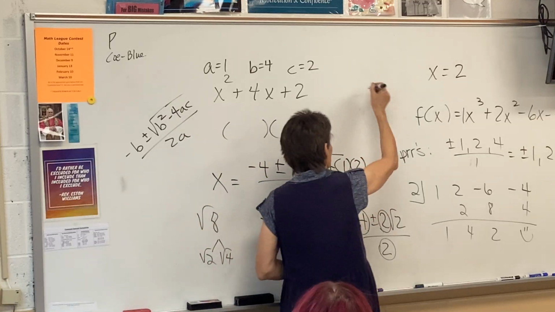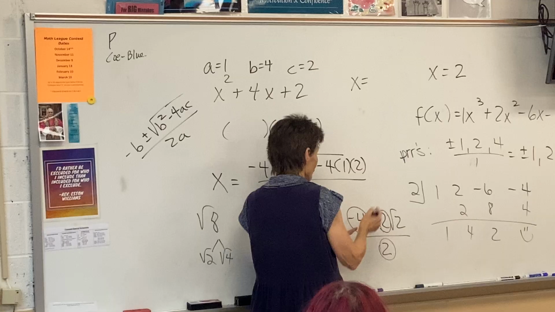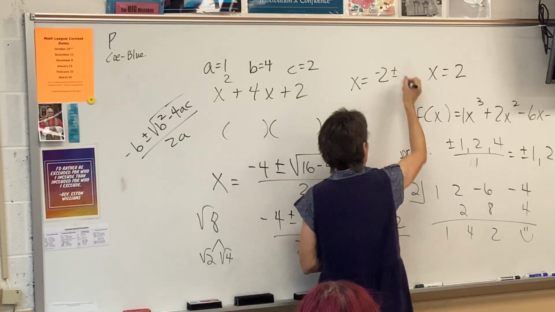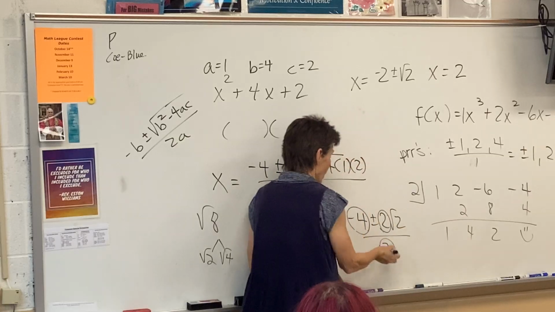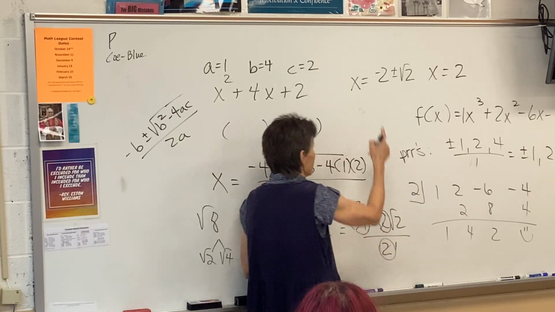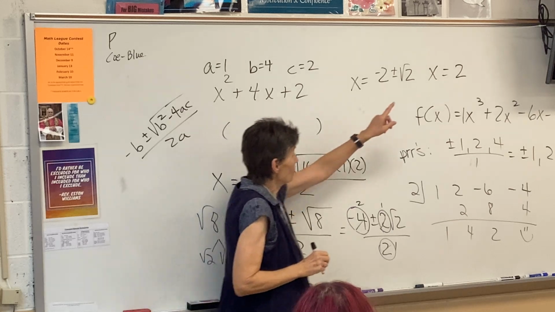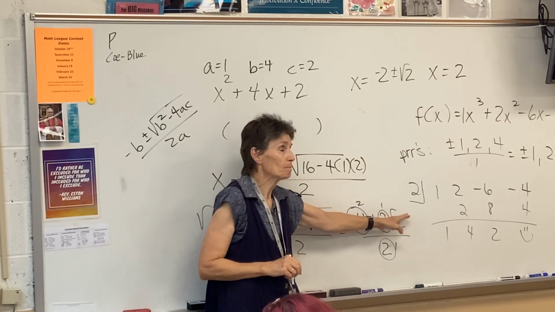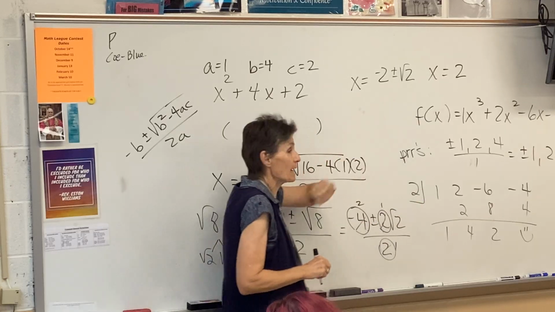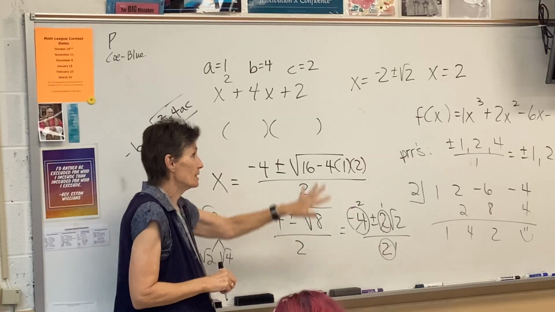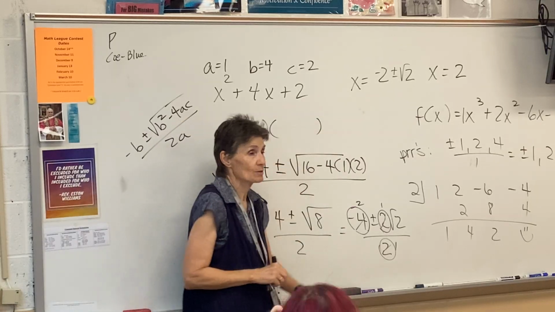So my answers are going to end up being negative 2 plus or minus root 2 over 1, which I'm not even going to write down. So my first answer was 2, that's the one we guessed. My other 2 answers came from the quadratic formula. That's all of this work is just those 2 answers.